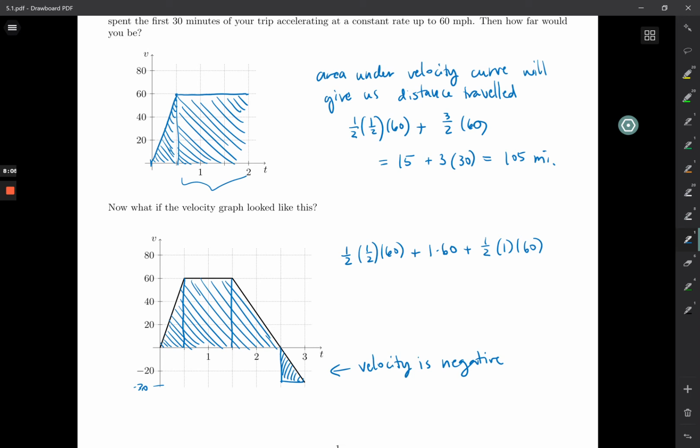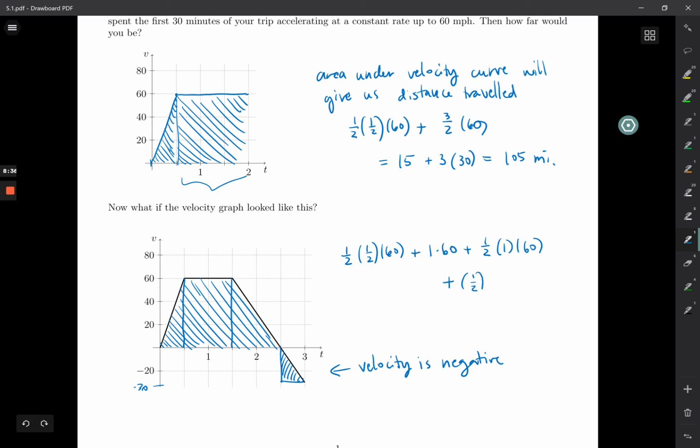The area that lies below the graph, or below the x-axis, or I guess it's the t-axis here, is this small triangle that I've shaded in. If we take the height to be negative 30 instead of switching it to be positive, which we usually do in most problems, in this case, if we leave it alone, it actually works out really nicely.